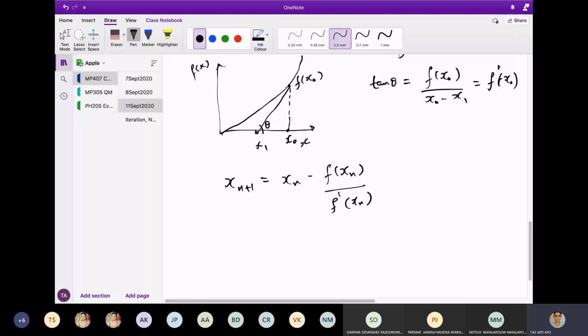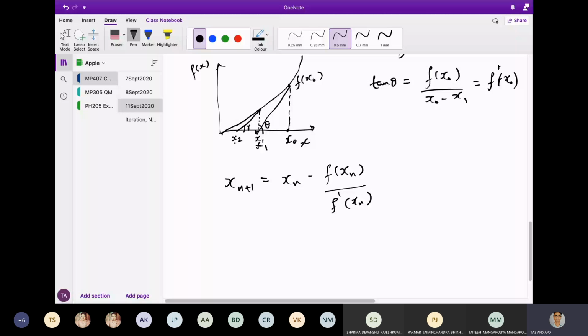Now this is your x1, somewhere here. So again, you will take another tangent here, and that is, let's say, some angle gamma. So this is going to be x2, and this is x1, and that is your function f of x1.